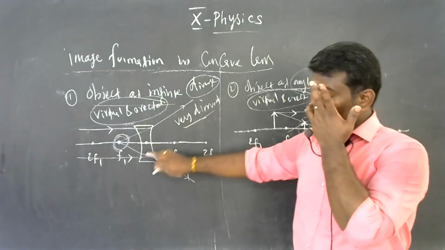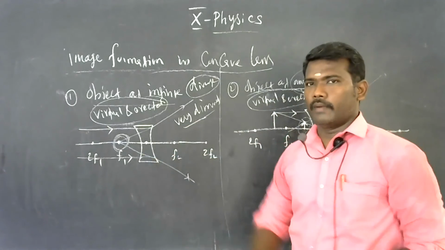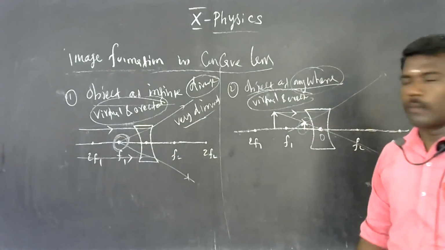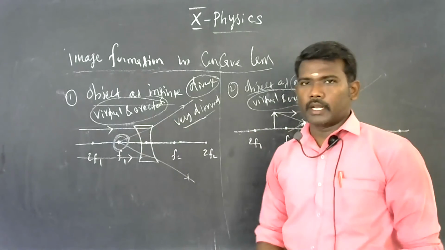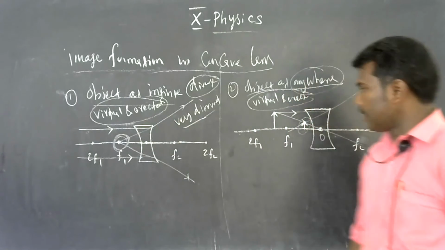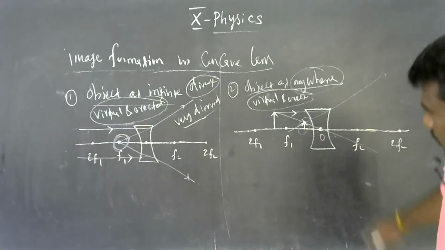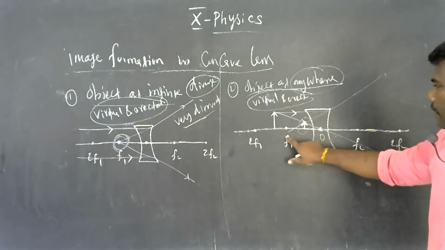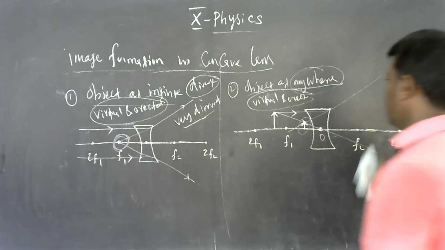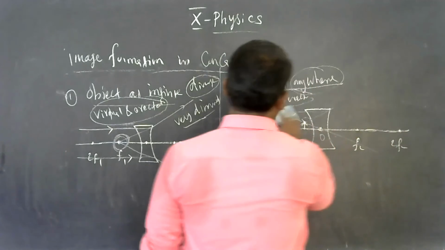So in all the cases, the concave lens can form only a virtual and erected image in a diminished manner. And another thing you note here is that the image will be formed in between O and F1.